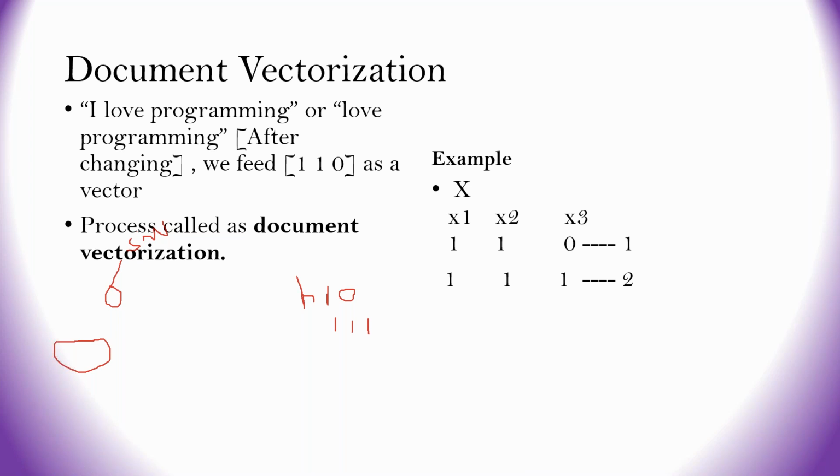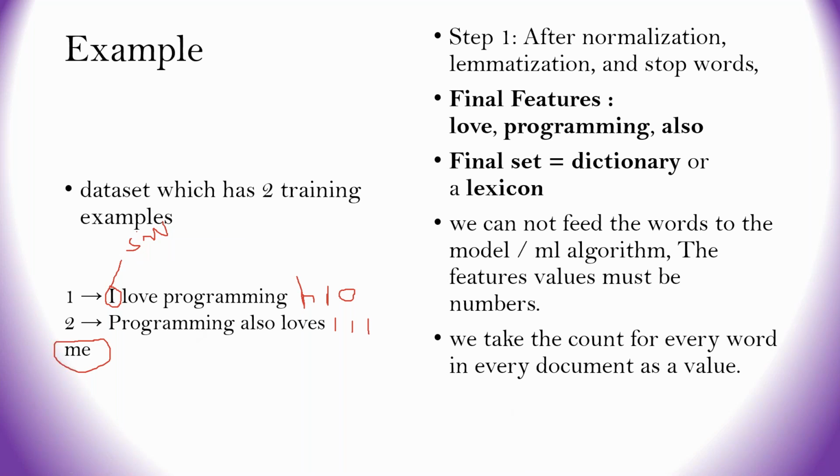Any other questions regarding this vector model? Let's say the feature vector is already defined like in the previous slide: love, programming, also. I would like to understand which document contributes towards the final vector most.